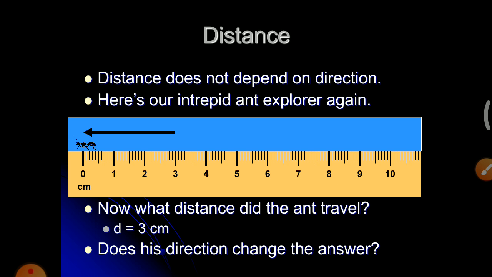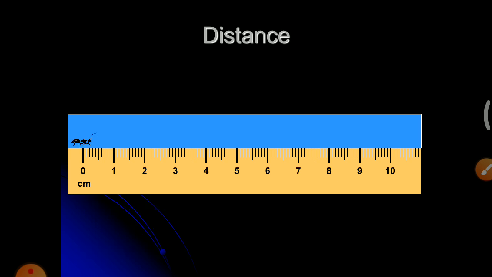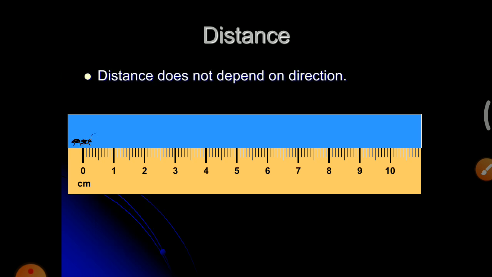In the second case the ant traveled 3 to 0. So does the direction change the answer? No. In the first case the distance equals 3 centimeters. In the second case also d equals 3 centimeters. So distance does not depend on direction.